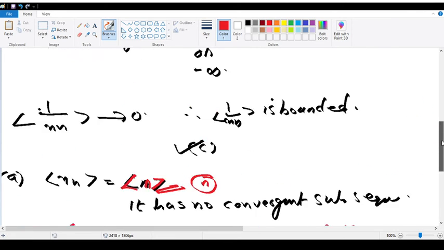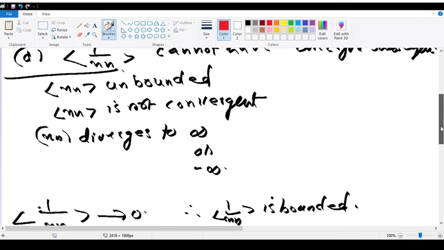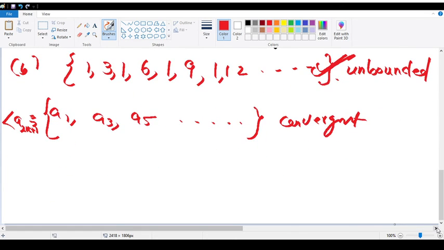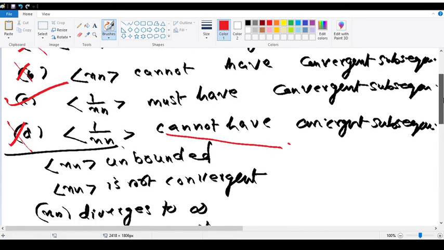So both are possible. So second option also false. We already proved third option is true. What about the last option? Cannot have, but the third option is true. So the last option will be false, isn't it? 1 by xn must have a convergent subsequence; cannot have a convergent subsequence. So either C or D only true. Here we get C is true. So D will be false. Okay? Clear?